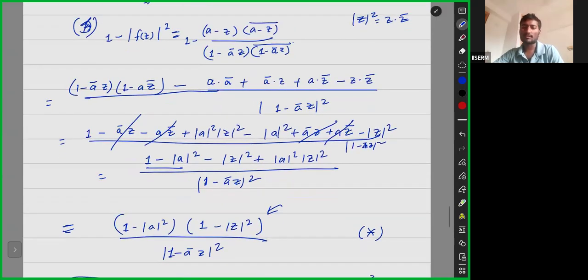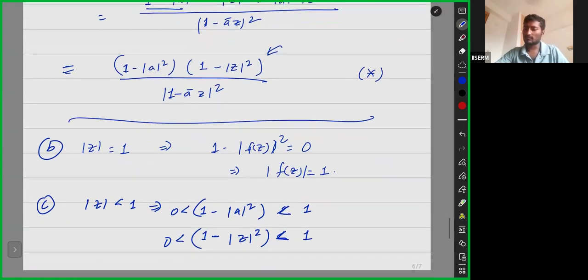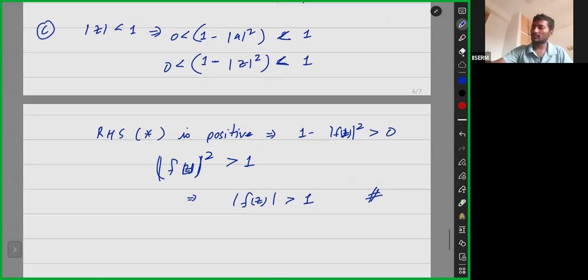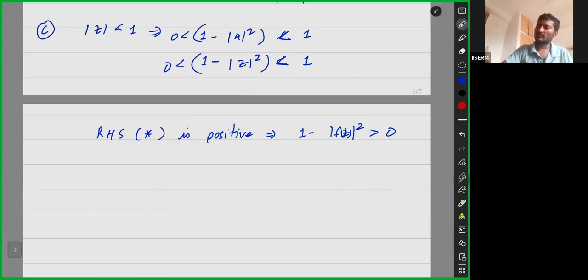When the right side is positive, what happens? Here is a little mistake. So the next inequality will be 1 bigger than mod of f whole square. This will imply 1 is strictly bigger than mod of f.